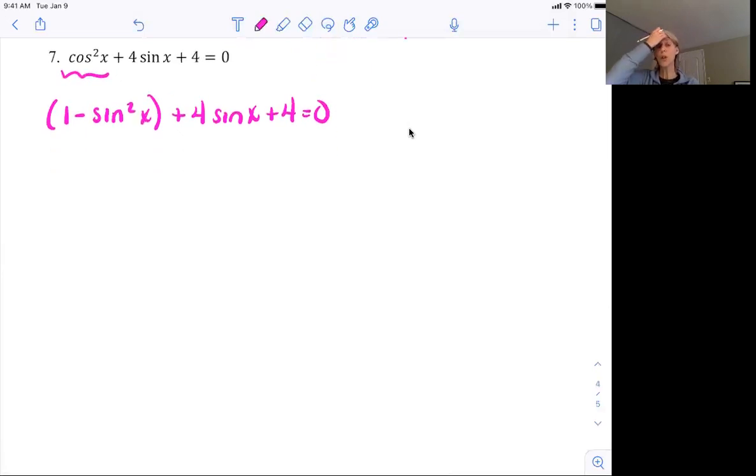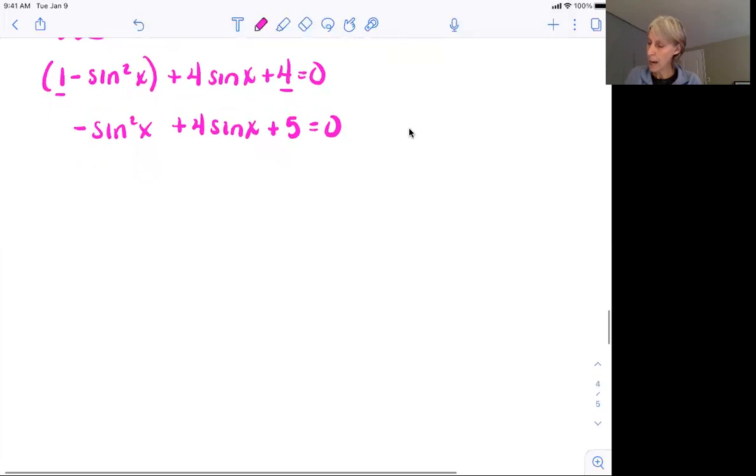Now I'm going to work through and combine like terms. So I have negative sine squared x plus 4 sine x, and 1 plus 4, which is 5, equals 0. I don't want that negative out front, so I'm going to change the sign, which is just dividing through by negative 1.